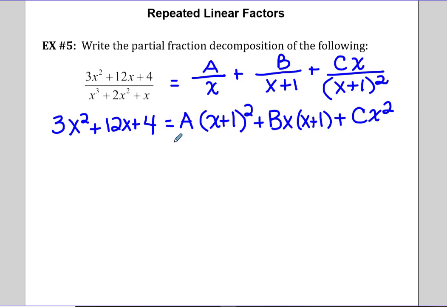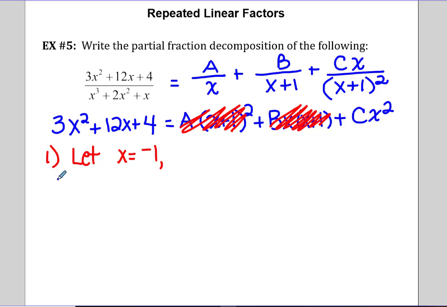Now, using the cover-up method, let's say if we first of all let x be negative 1, then we're going to get rid of the a's and the b's. They're both going to be eliminated because negative 1 here would mean 0 times a, and negative 1 here would be gone as well.